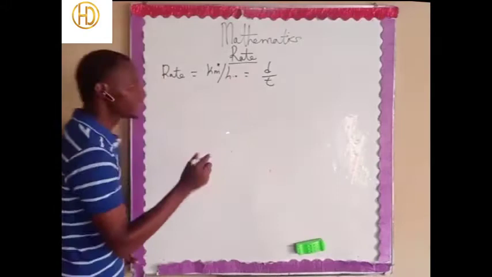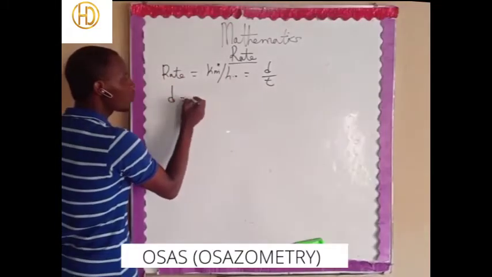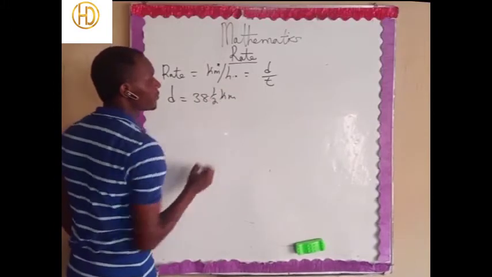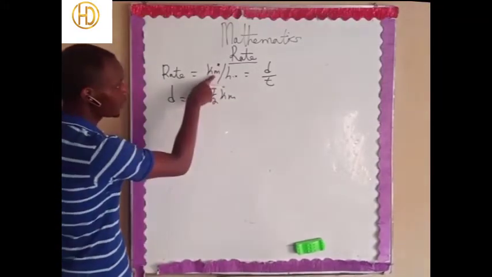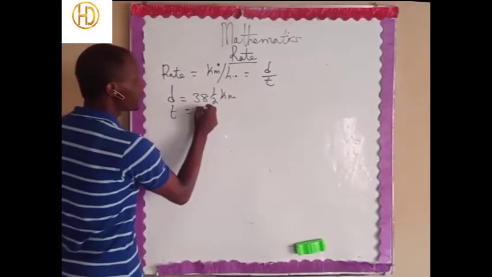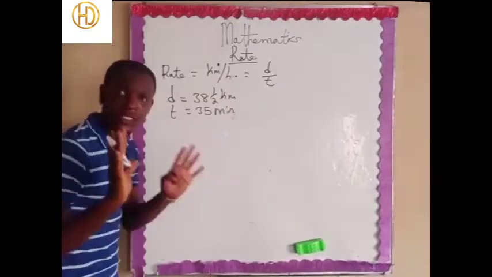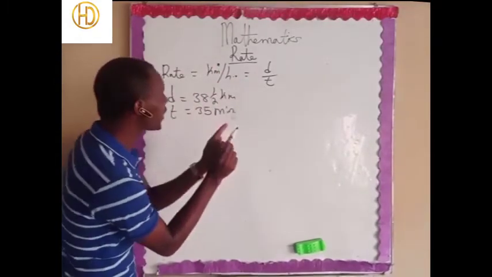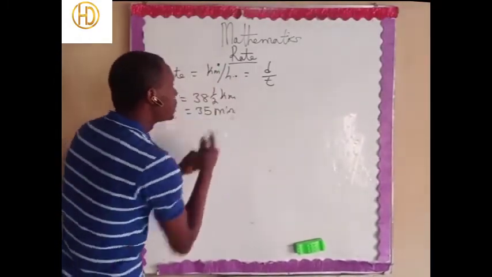What is the distance from the question and what is the time? The distance, D, equals 38.5 kilometers. So you can see this kilometer is here. Then the next is the time, which is 35 minutes. The rate is kilometer per hour, and the question gave us kilometer and minute.